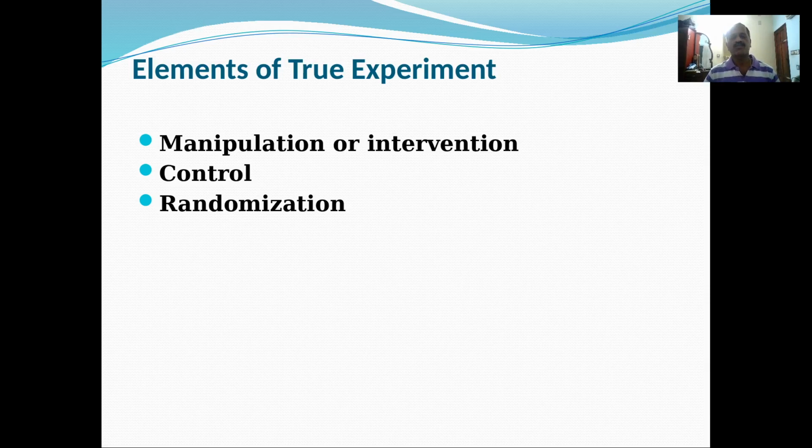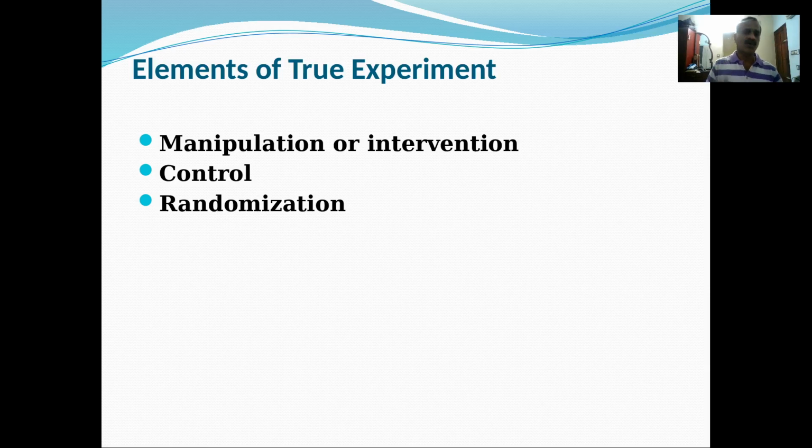No other person in the universe can kill Kijagan. So with 100% surety we can say that for the death of Kijagan the cause is the power of Bhima. With 100% surety we are able to tell that this particular effect has occurred because of this cause only. That is the surety, the strength, of true experimental design.